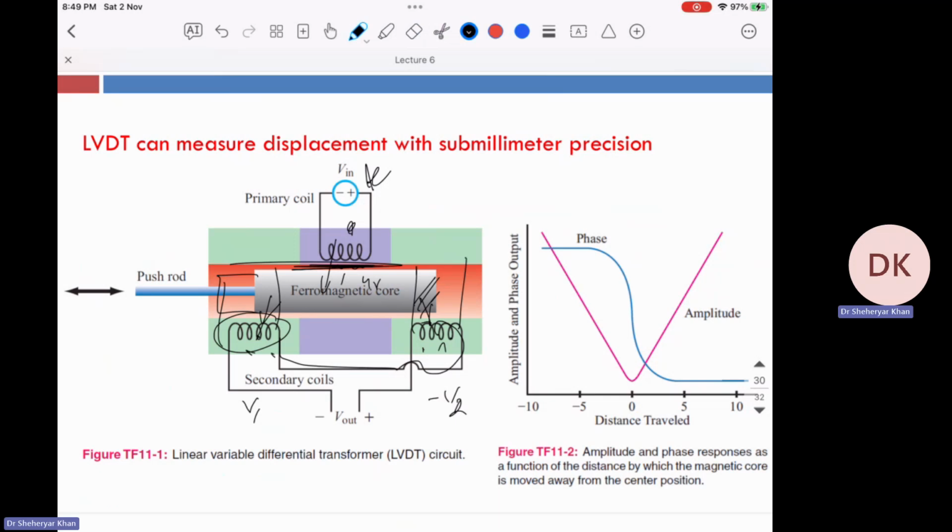So if it moves this way, this voltage will increase and this voltage will decrease, right? So there's a difference between them. That's why we can use the term differential. There's a difference in the two coils, and that difference will appear here. Now, if it goes back, we have the same difference, but the polarity changes.